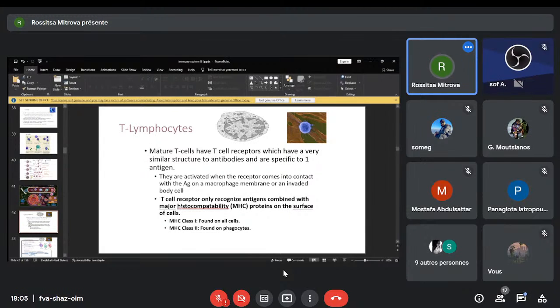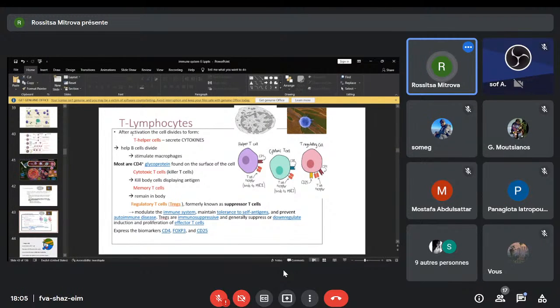You know, maybe you remember that the histocompatibility proteins class 1 are found on all cells and class 2 are found only on phagocytes. So, after activation, a T lymphocyte divides to form T helper cells.